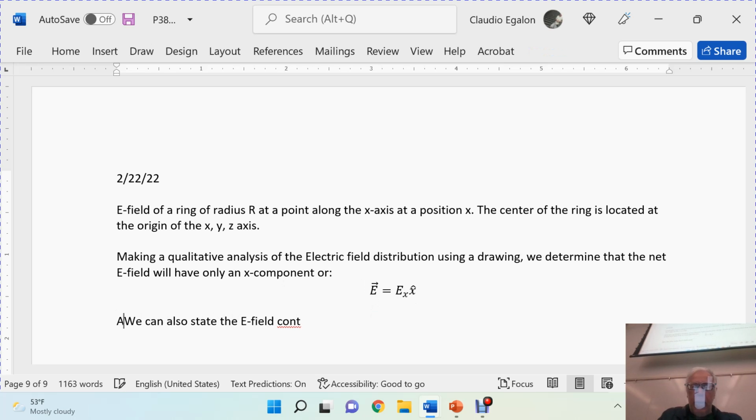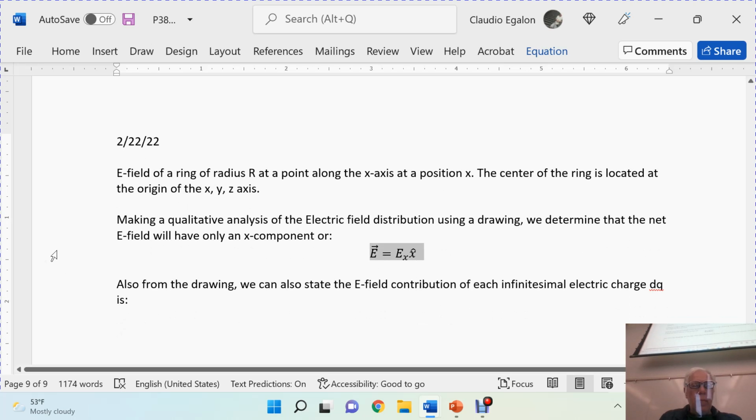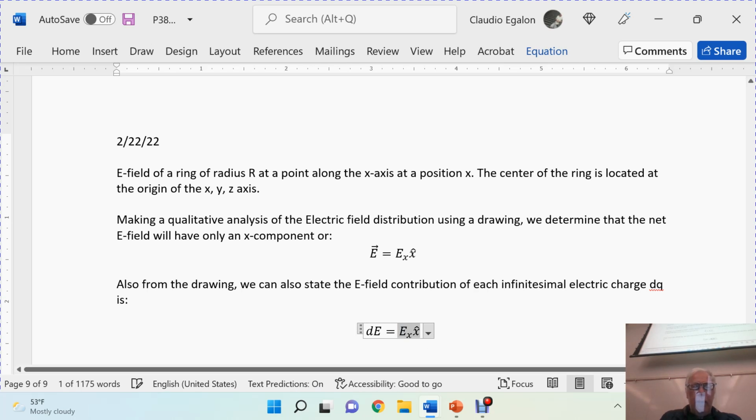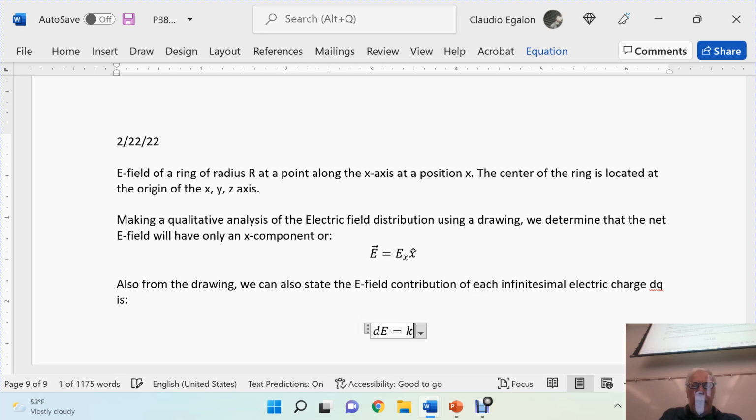We can also state, also from the drawing, that the field contribution of each infinitesimal electric charge dq is, here we go, going to be that of a point charge: k dq over r squared.